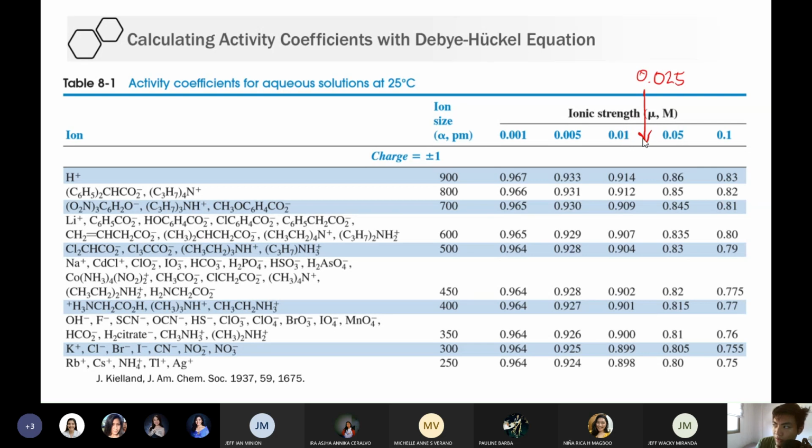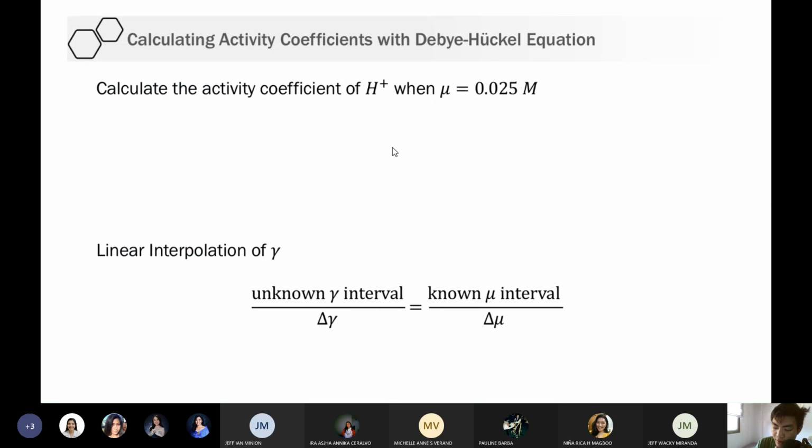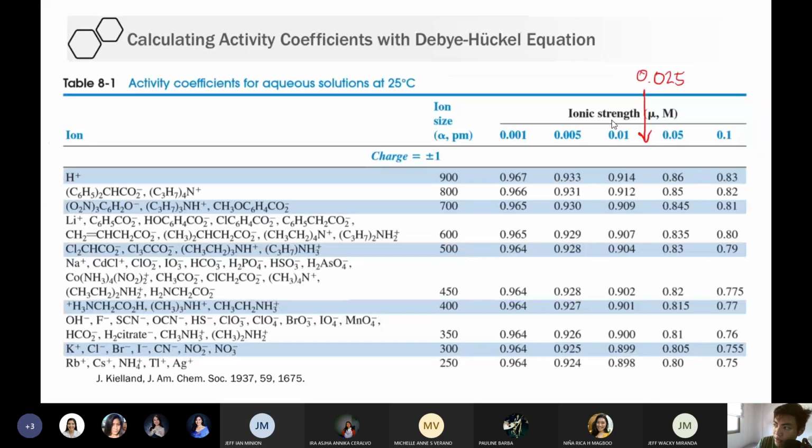This is how you're going to do it: you list down the gamma and the mu starting from the lowest range. The lowest range here is 0.01.